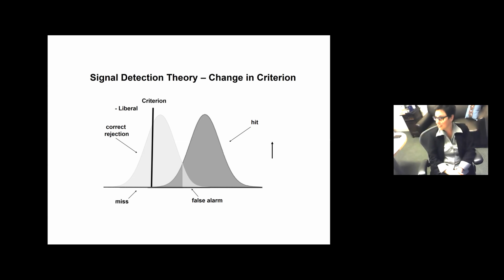Using this signal detection theory method, we found by recording from superior colliculus neurons that the neurons in the superior colliculus actually reflected these changes in the decision criterion and told us where the monkey placed his decision criterion.